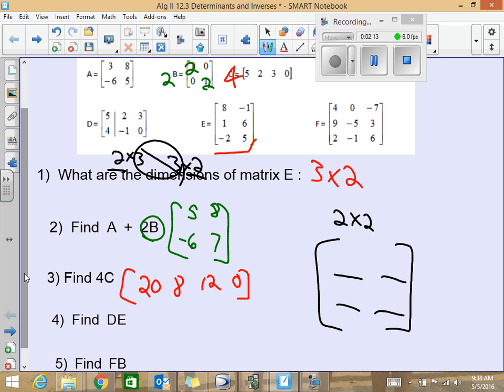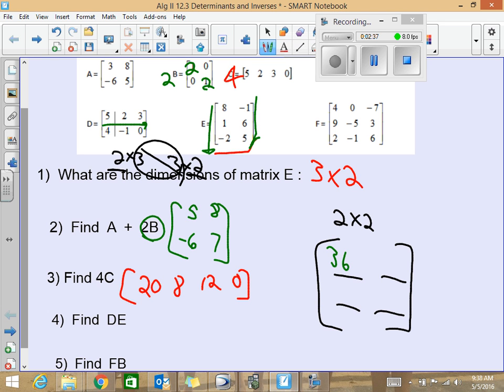So we're multiplying D times E. Again, we're looking at the first row of D, multiplying it by the first column of E. So we get 40 plus 2, which is 42, minus 6, which is 36. Everybody agree with that? Okay. Row 1, column 2.